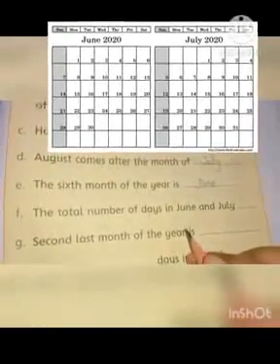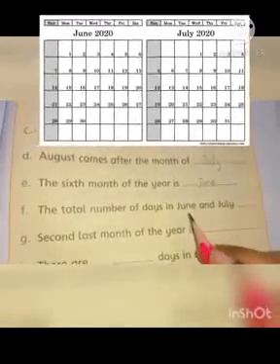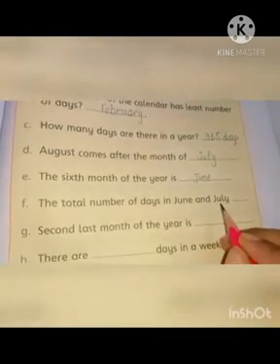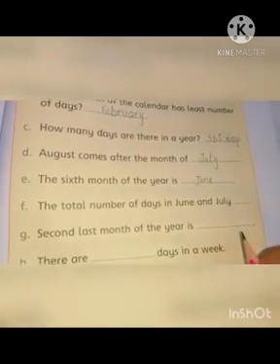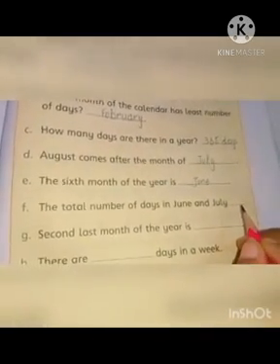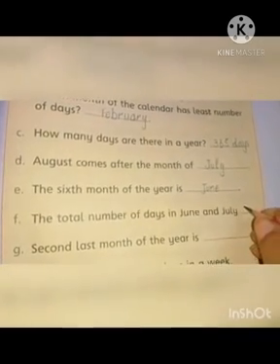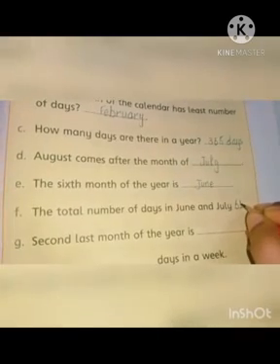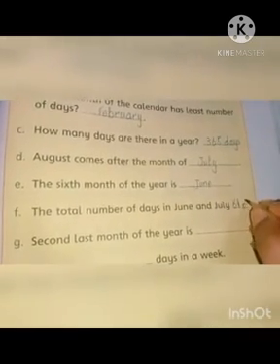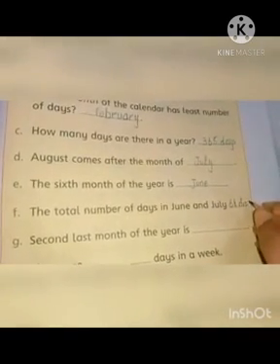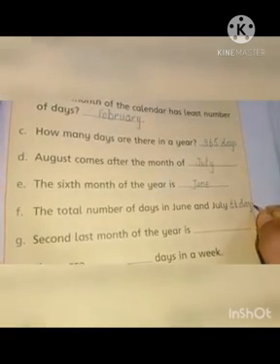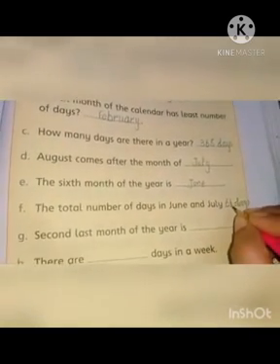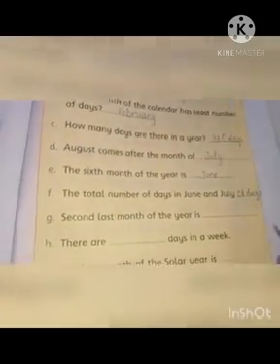Students, when we add the number of 30 and 31, we got the answer 61. So we are going to write 61 days here. 6, 1 and days. D-A-Y-S. Days. 61 days. Go for the next one.